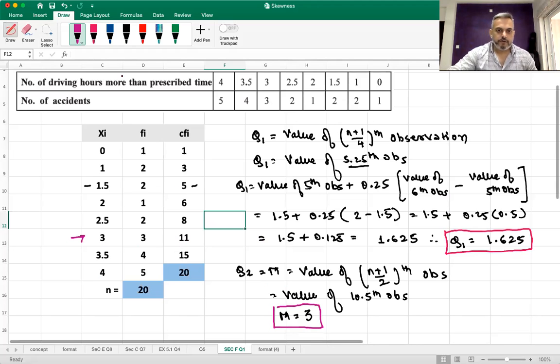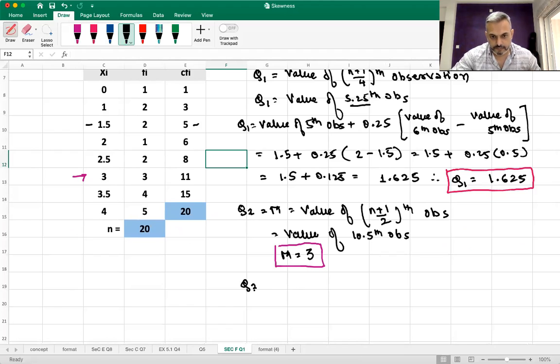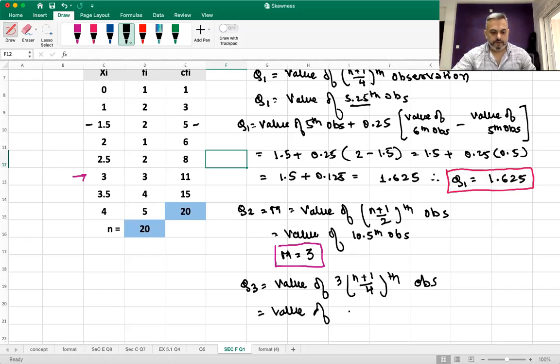Okay, now Q3 is equal to value of 3 into n plus 1 by 4th observation, which is value of 15.75th observation.